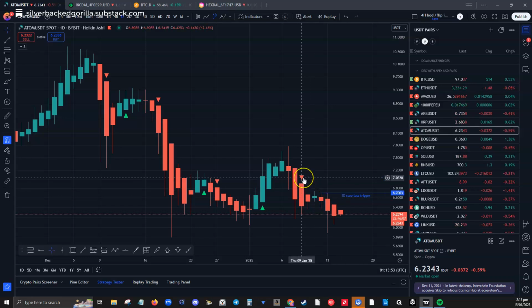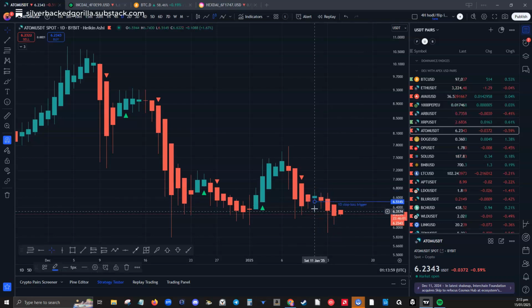Atom is still short, still a current short from the 9th of Jan. We sort of got a hint at a green candle here. We got stopped out here at $6.50, and we remained down since. Again, this is actually still a current short, so from here you could have actually jumped in on that candle there after it closed, and followed it down.